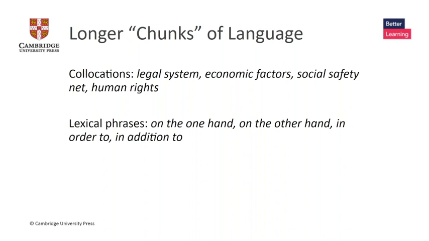And the reason that we want to focus on longer chunks of language is because it will make students' writing sound more natural, more advanced, more academic, and oftentimes more concise. So sometimes students will have a very long phrase that you can help guide them toward writing as just one collocation. For example, you could say a system of laws that govern a country, or you could just say a legal system. And I help students a lot with that in terms of wordiness and coming down and being more concise with a collocation.